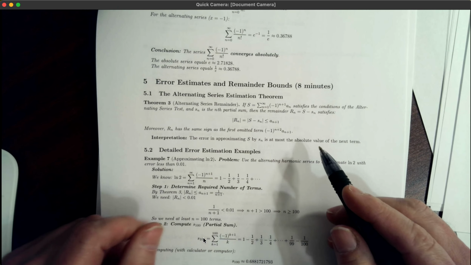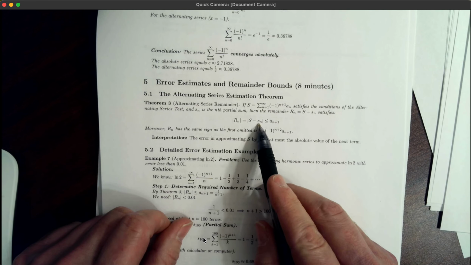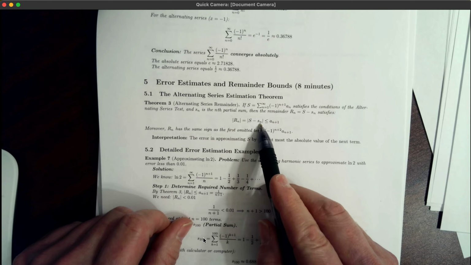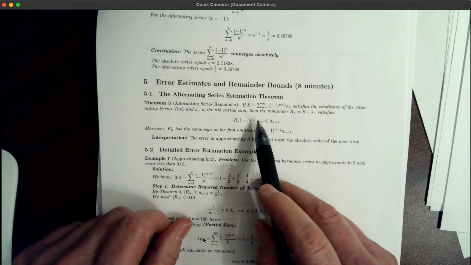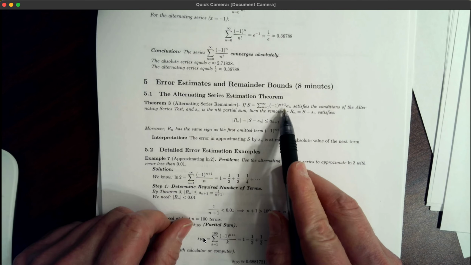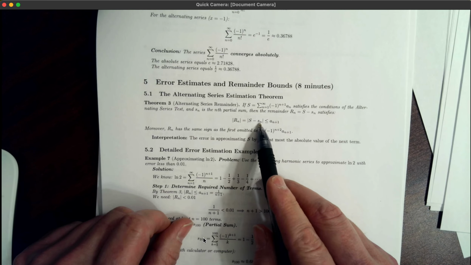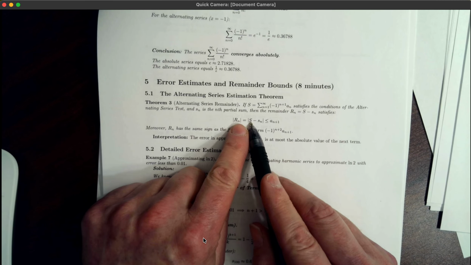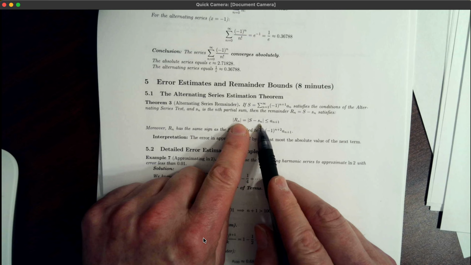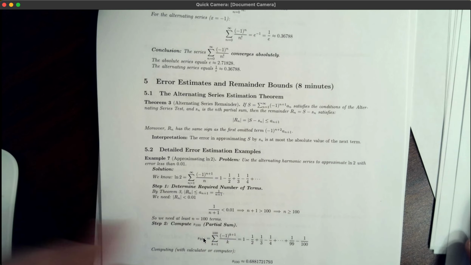What it means is S sub n is the sum of the first n terms. Big S here is the sum of all the terms. So the remainder would be the difference between all infinitely many terms and the first n terms. It's called a tail of the series.